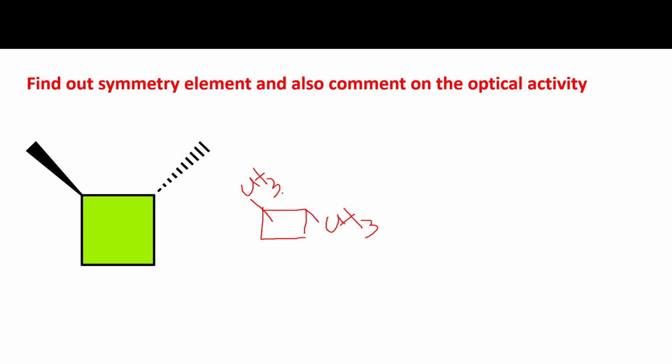There is no sigma plane as in the cis case. If there is no sigma plane, and this molecule does not give a superimposable mirror image, then in the trans case the molecule is optically active.